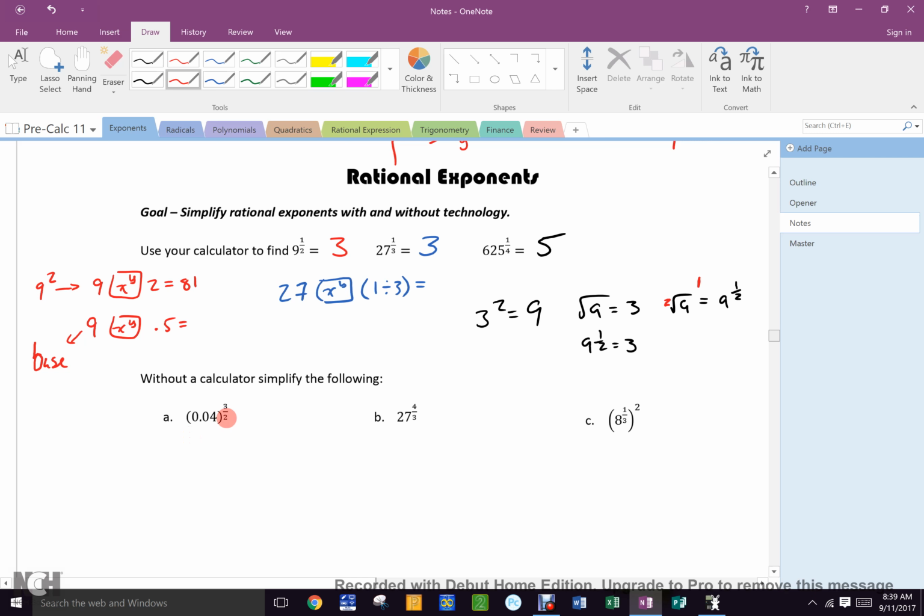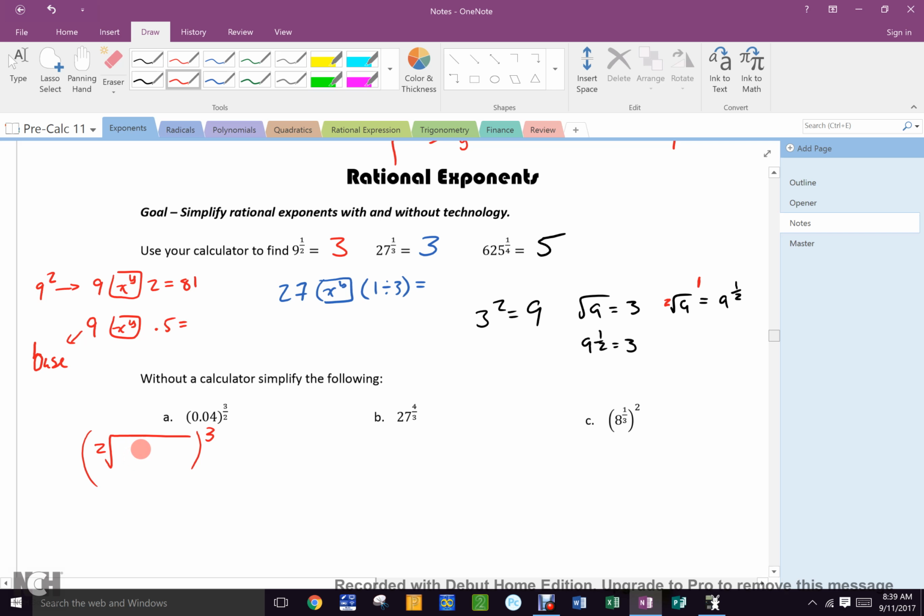What happens to that little 2? It becomes the index. So I'm looking for a square root of something. What happens to that little 3? It becomes an exponent. So I'm going to cube that. What happens to the base here? It becomes the radicand in here.